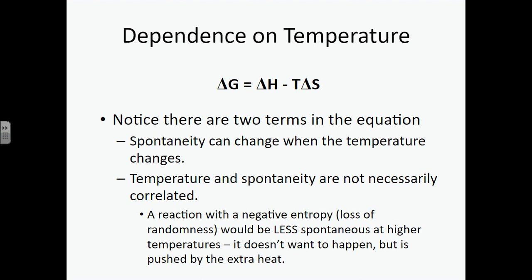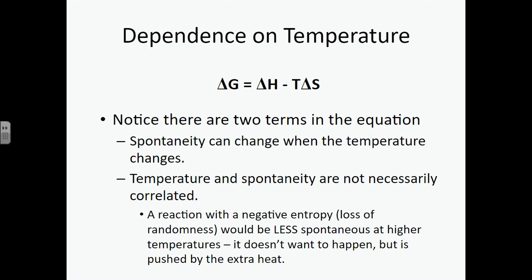So let's talk about the dependence on temperature. There are two terms in this equation when we're talking about Gibbs free energy. Spontaneity can change when the temperature changes, which we highlighted when we talked about disorder influencing spontaneous reactions.